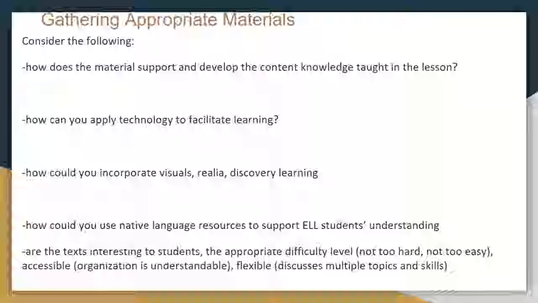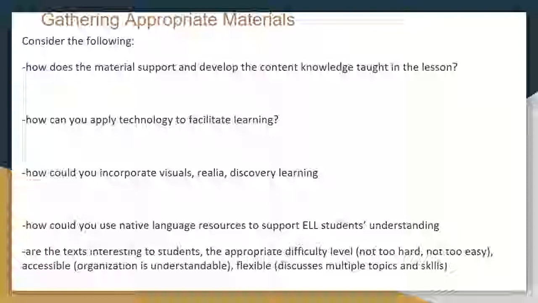As part of the content-based instructional method, you will need to gather the appropriate materials to make sure your students are successful. So when you're gathering the materials that you'll need for student success, please consider the following. How could these materials support students' content knowledge and support their language abilities?